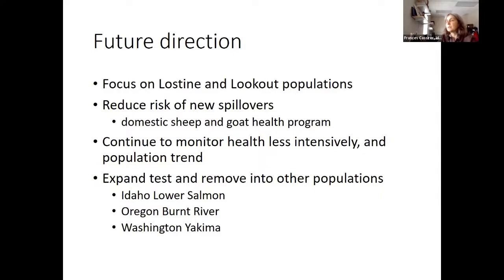I'd like to continue to monitor health and population trend, less intensively, particularly for these last few populations that cleared. We only have a few years of data, and I'd like to be sure that they are actually cleared. And expanding test and remove to other populations, specifically the tri-state, Idaho Lower Salmon, Oregon Burnt River, and Washington Yakima.